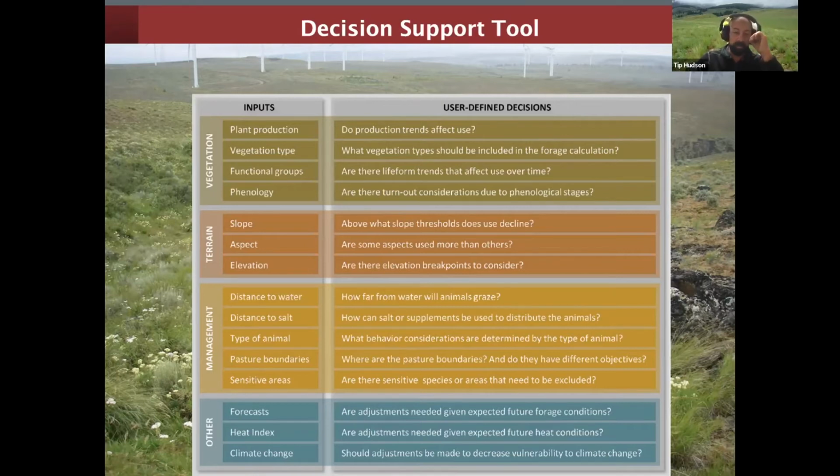So I guess to summarize the functionality that we're working to create, the system will collect estimates of above ground forage production and allow users to visualize the spatial patterns and temporal trends of forage production for an identified area of interest.